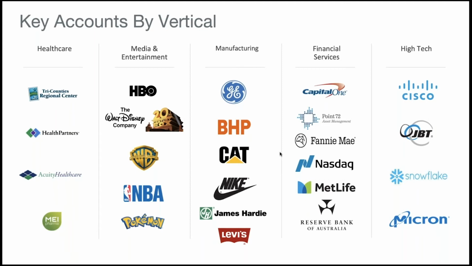Think HBO at the very top of the list, if you think back to a few years ago when they had the leak of the Game of Thrones episodes. You think about someone like the NBA, you're talking about very sensitive data for player information, player financial information, personal details, addresses, phone numbers, etc.